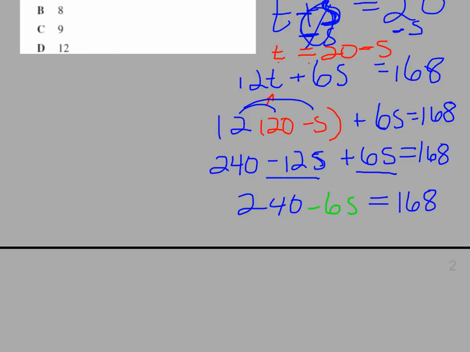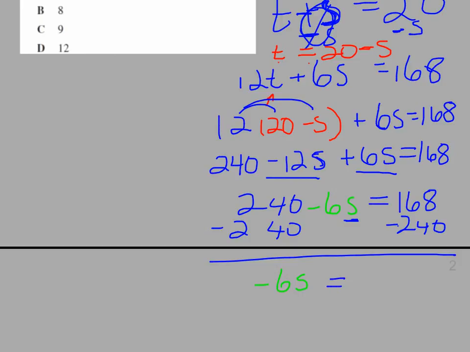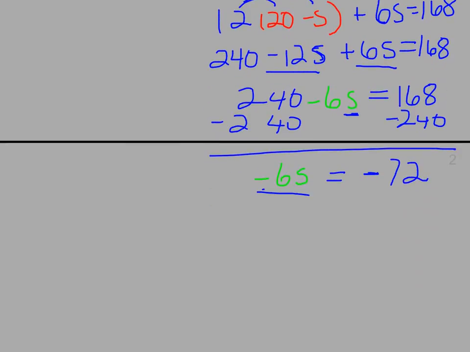We are trying to get S by itself, so we're going to subtract 240 from both sides. We get negative 6S. Sounds like success. Yay, we know we're going to be successful. Haha, I'm hilarious. Alright, 168 minus 240 is negative 72. Finally, we need to get S by itself by dividing by negative 6 on both sides.